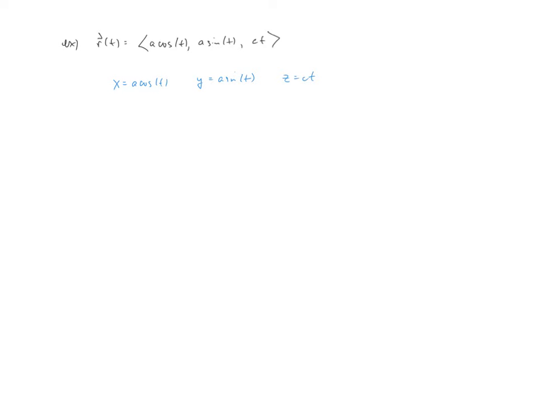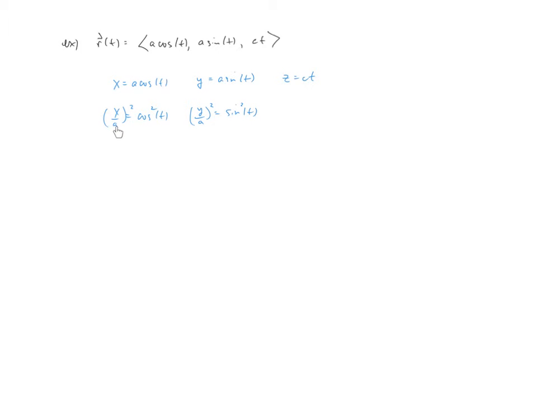So if we want to figure out what this graph is, we can eliminate the parameter like we did earlier. So what I would do here is I would divide by a on both of these, and then I'd go ahead and square both of them. And you can probably see where I'm going with this. If I square both sides on this, this will give me now a cosine squared plus sine squared equals 1.